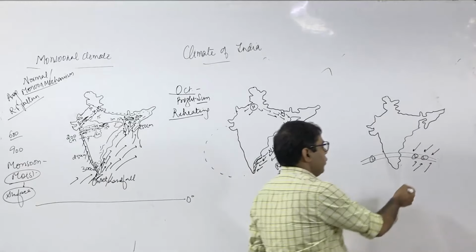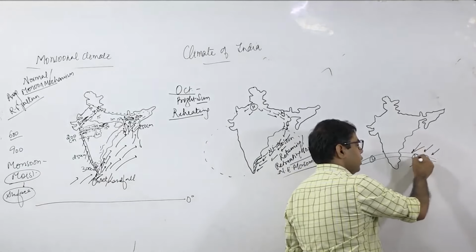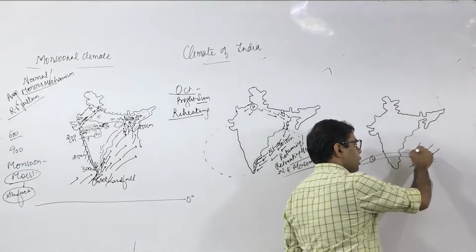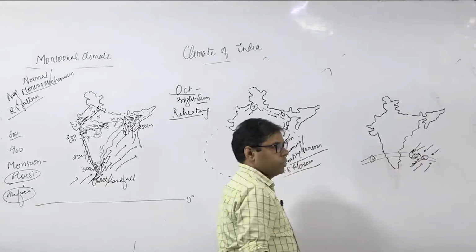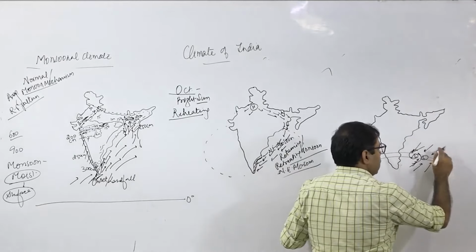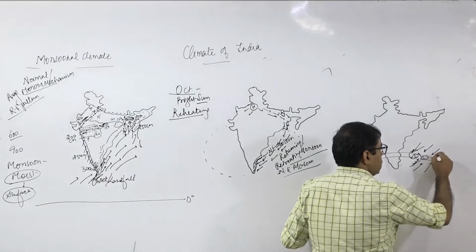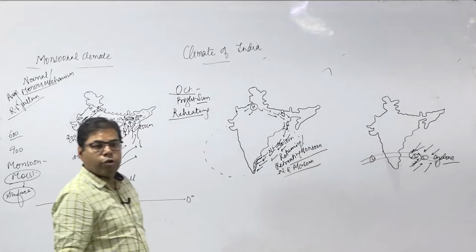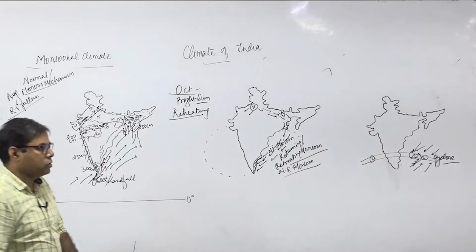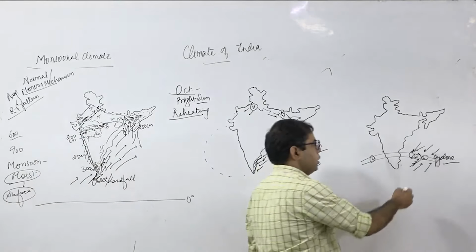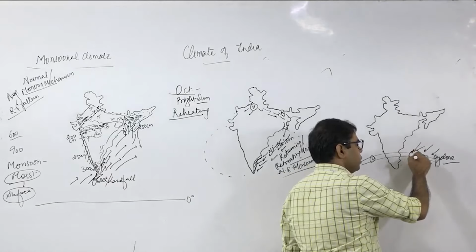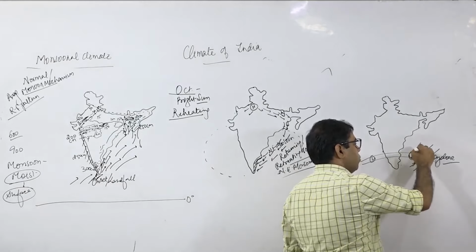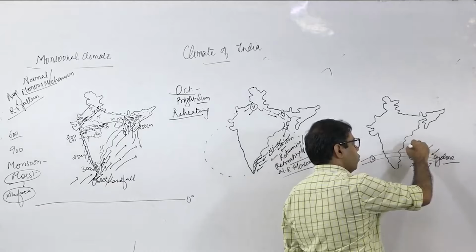The convergence of wind is responsible for the movement of wind there, and this moves in a cyclonic condition. So in the month of December, tropical cyclones are formed over the Bay of Bengal, and tropical cyclones have the tendency to move from east to west.